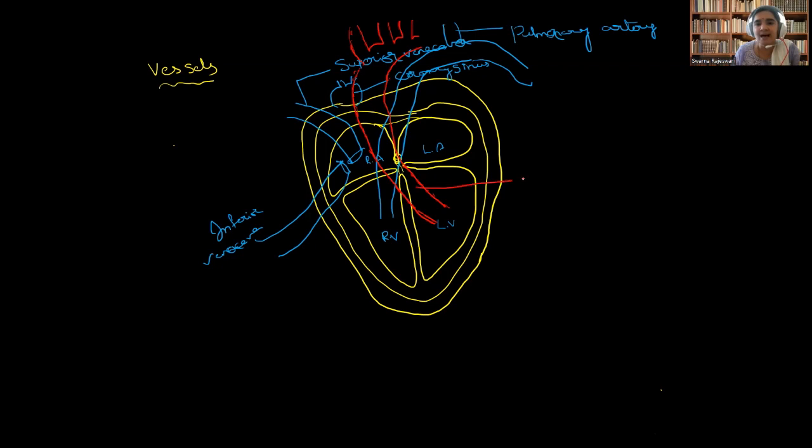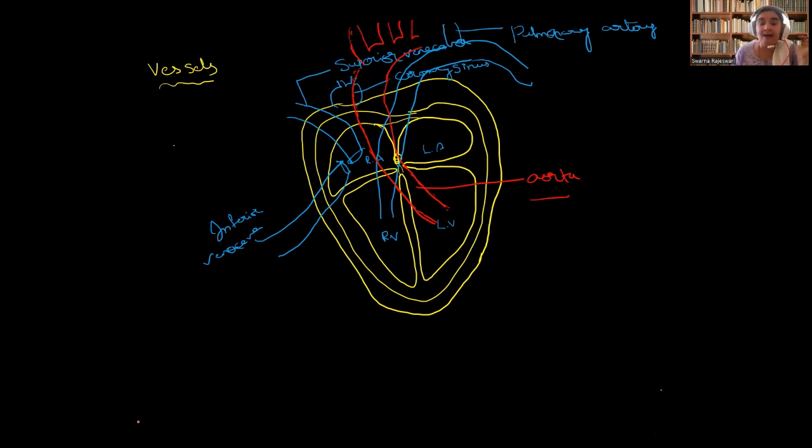Okay, this is the aorta. The aorta carries the oxygenated blood from the heart to the different parts of our body.